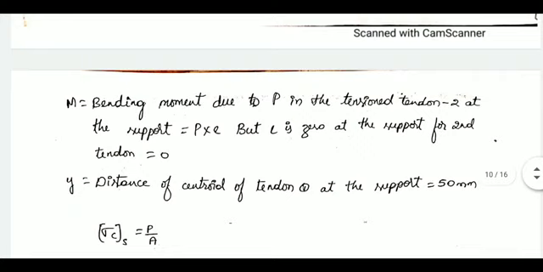See, bending moment due to prestressing force in the tension tendon 2 at the support, P into e, but e is 0 at the support for second tendon, and y is the distance of centroid of the tendon 1 at the support. This is very important, you should be very careful here.